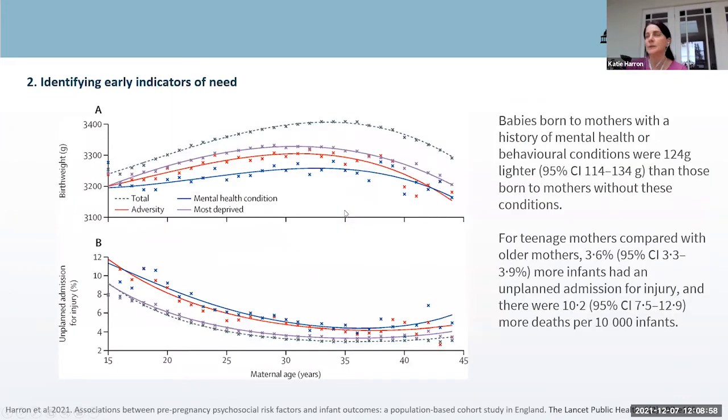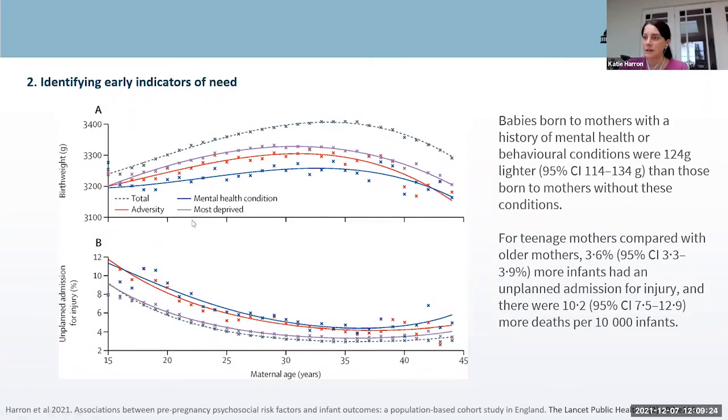A second example is that linked data can help us identify early indicators of need by bringing together information about the period before pregnancy with information about what happens at birth and in early childhood. This plot comes from a study of pre-pregnancy psychosocial risk factors where we used linked data for 2 million mothers in England.